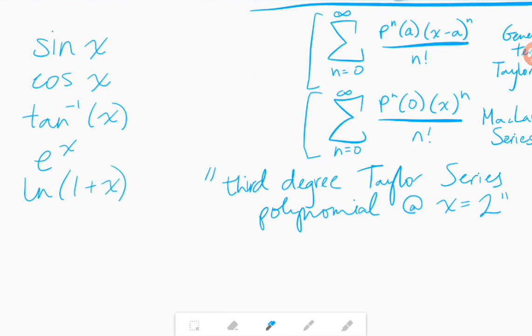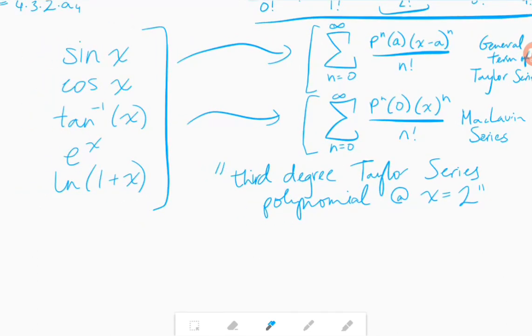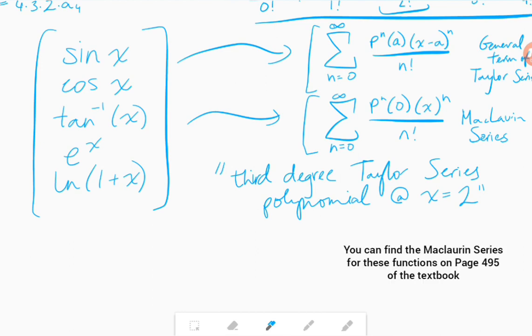You can actually create Taylor series polynomials for all of these functions using what you know right now, using these general terms. But later on in the chapter, you're going to be asked to manipulate the Taylor series of these functions a lot. So you're going to be expected to memorize the Maclaurin series for all these functions, the Taylor series centered at x equal to 0.